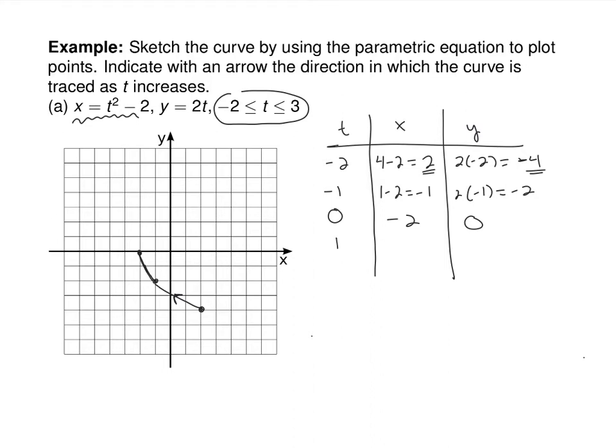When t is 1, x is 1 minus 2, or -1 again, and y is 2. When t is 2, x is 2 and y is 4.